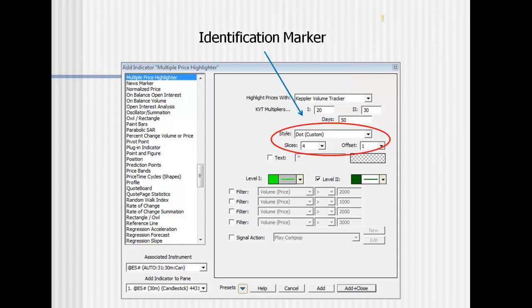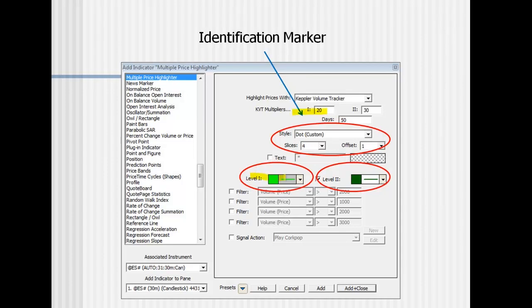In this case, the identification marker that I'm using is a little dot, sliced into 4, offset by 1. And those are all settings that you could vary, but I just want to go over them so you can do it on your own later. Now, typically I choose different colors for each level.